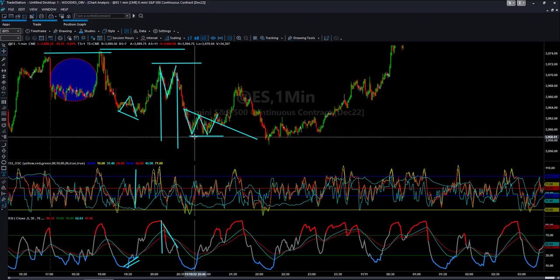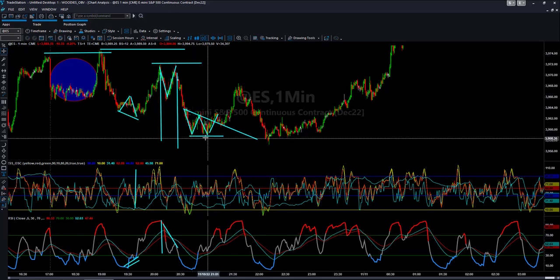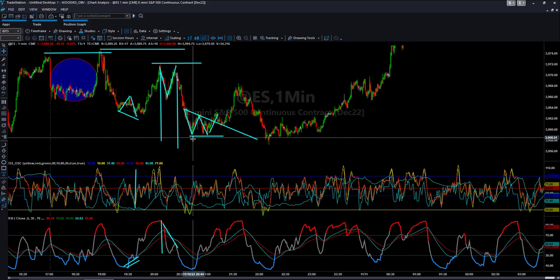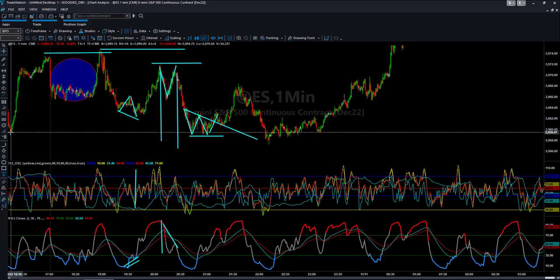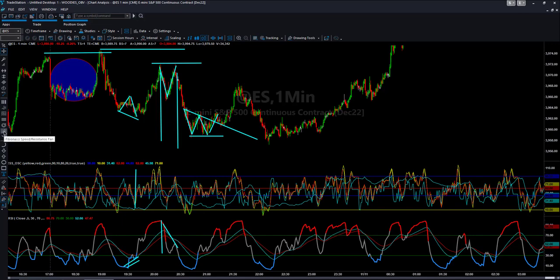So here we already saw that making a double bottom, and look at the volume here, and look at the volume here. Huge divergence of volume. It was above the moving averages, yes.